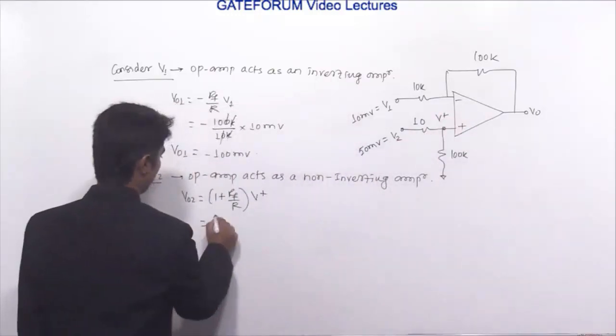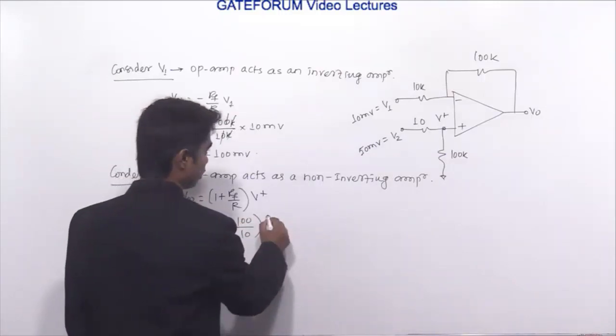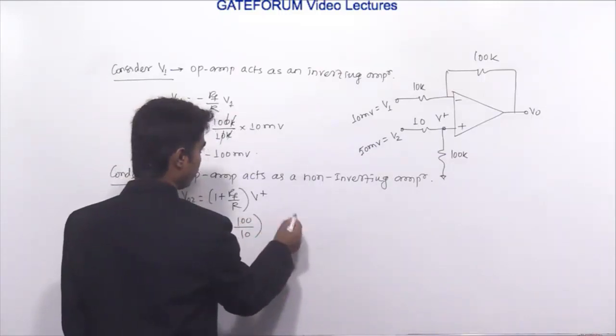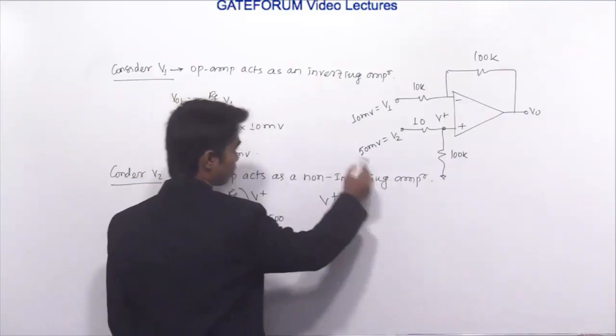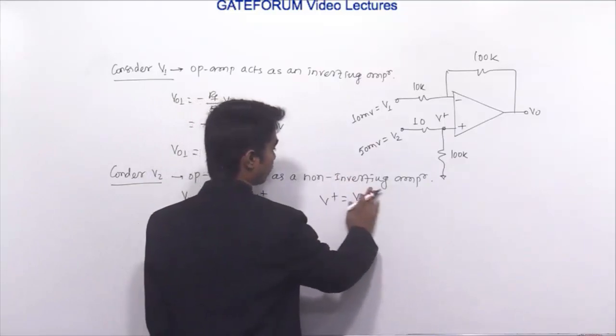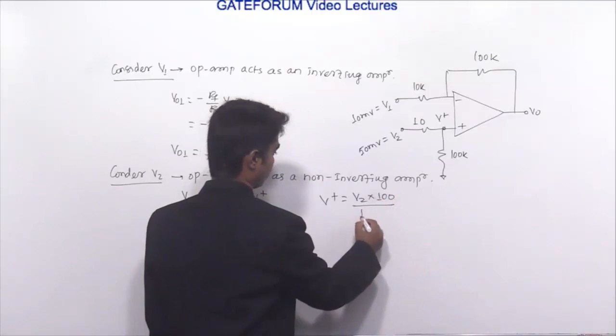So 1 plus 100 by 10, and V plus is V2 into 100 upon 100 plus 10.